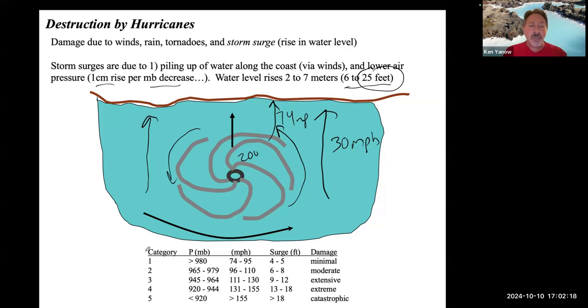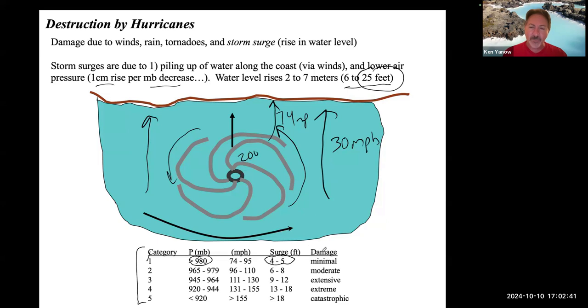Okay, so let's look at the categories. As we look at the categories, this is going to indicate why Florida got lucky to a certain extent. Category 1, your winds are about 74 to 95 miles an hour. Your pressure is maybe 980 versus 1013.